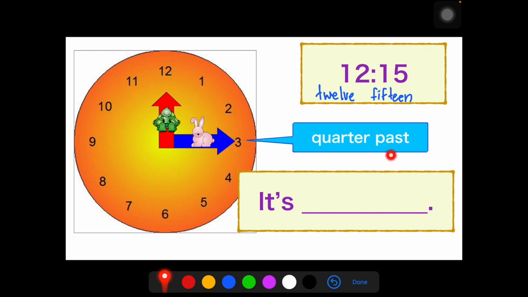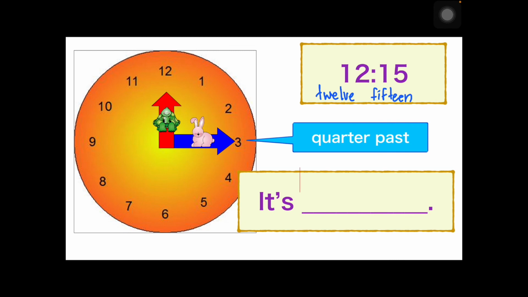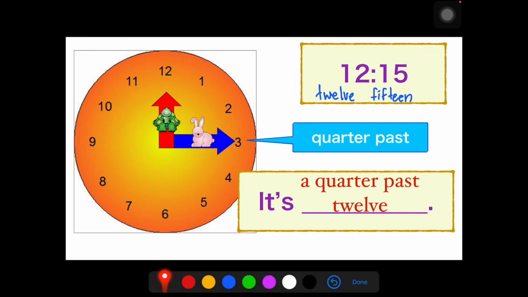Repeat after me. A quarter past. A quarter past. Like this one. And also we use the left side of the short indicator. So the answer of this one is a quarter past 12. A quarter past 12. Very good.